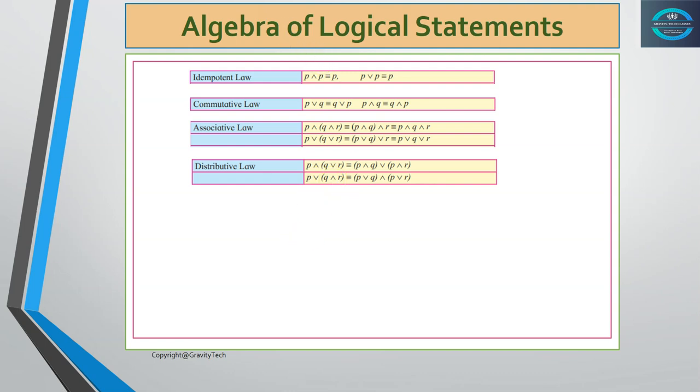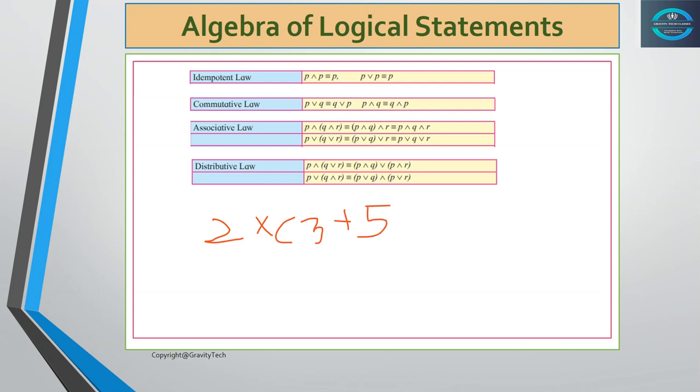So for example, if you just take an example like this: 2 into (3 plus 5), right? Let's say this is how you can assume the same thing.